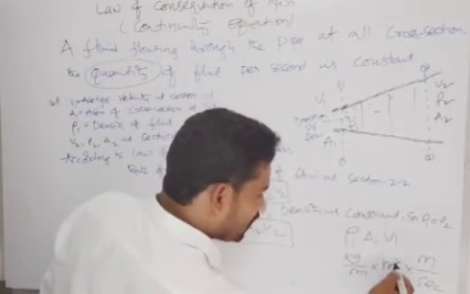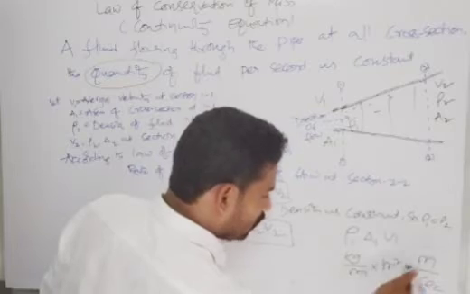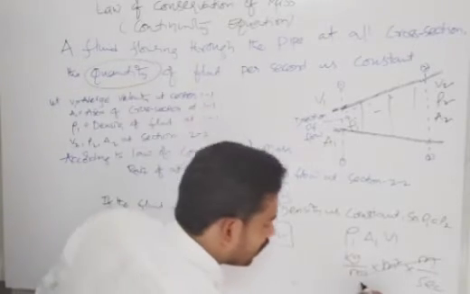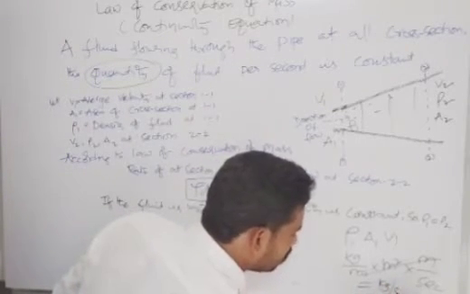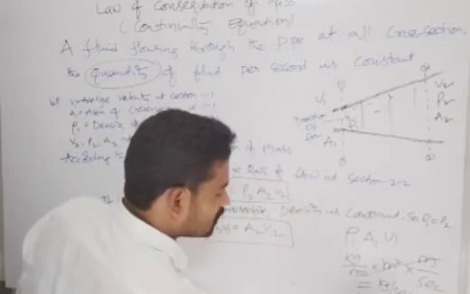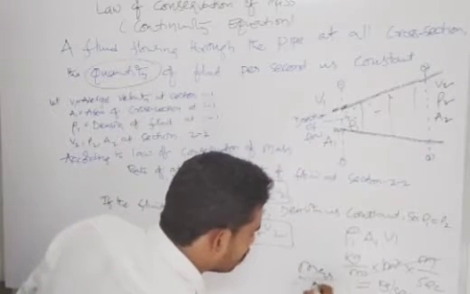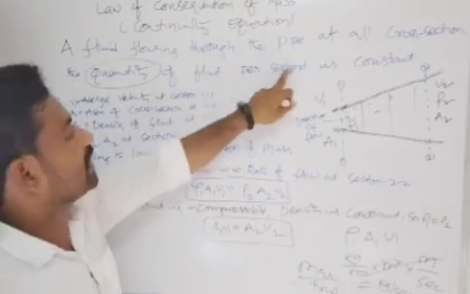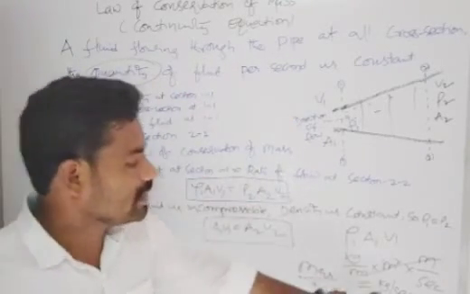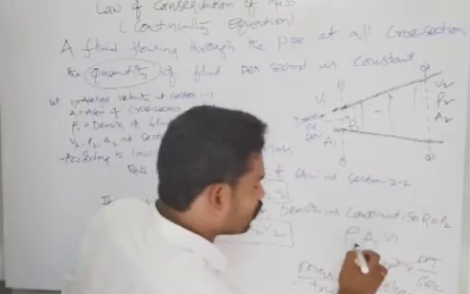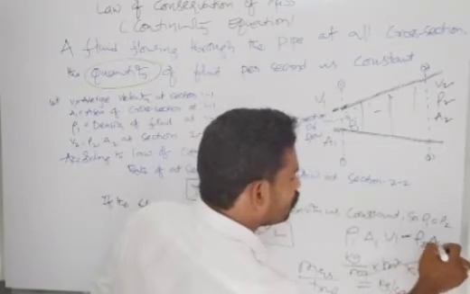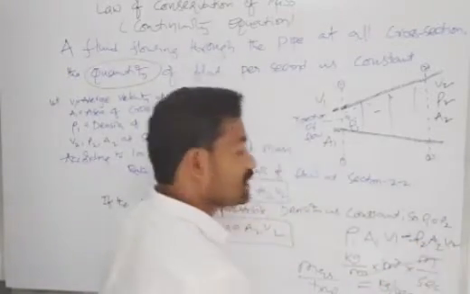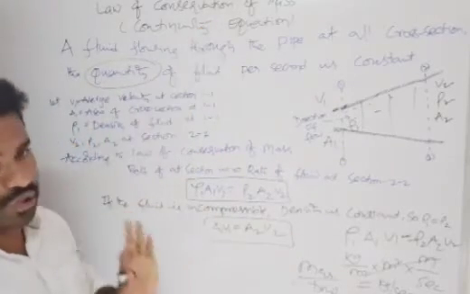So meter square into meter per second gives meter cube, and this meter cube cancels, and you get the unit kg per second. What is kg per second? Mass by time, quantity by time. So the quantity per second is constant. That is the explanation of the law of conservation.